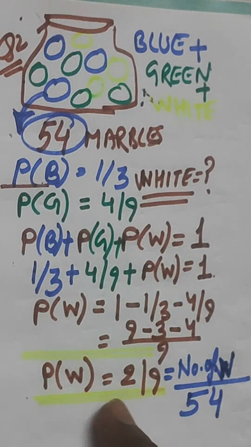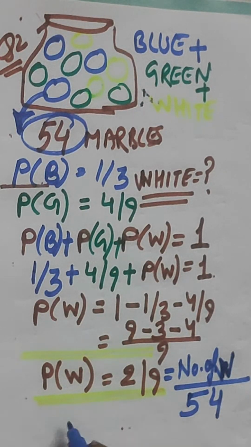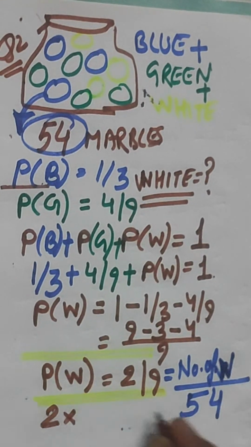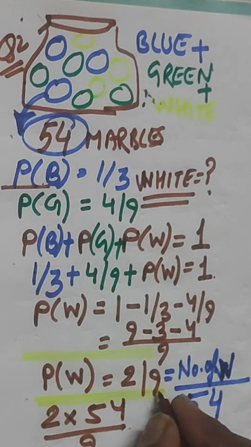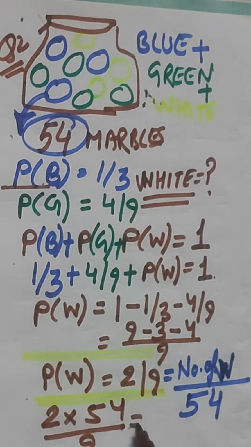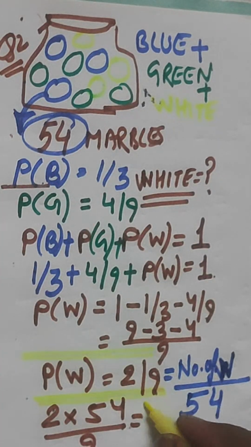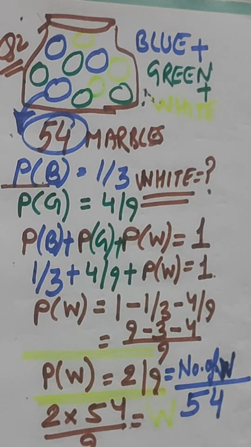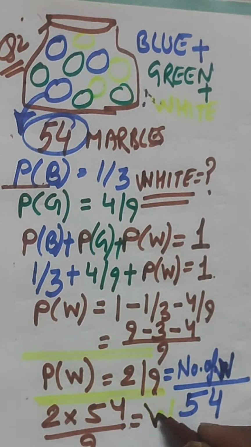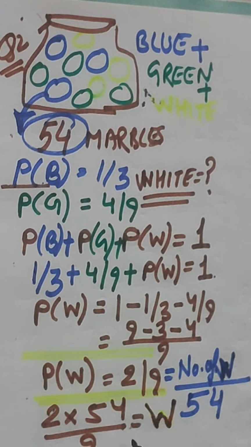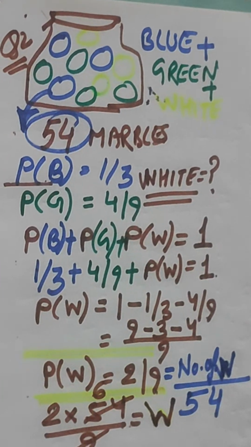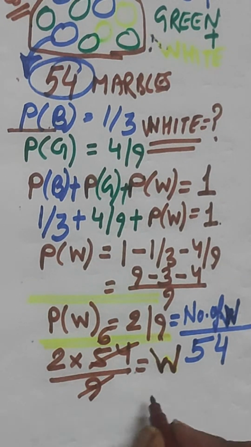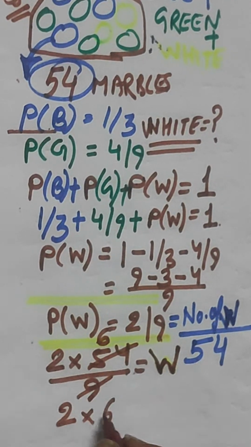Just solve it to get the number of white marbles. We can say 2 multiplied by 54 divided by 9 will give you the white marbles. 9 into 6 is 54, so the number of white marbles is 2 into 6, which is equal to 12.